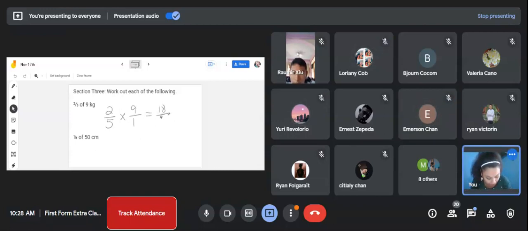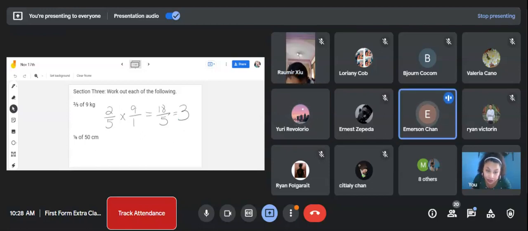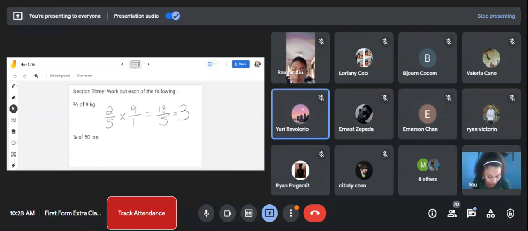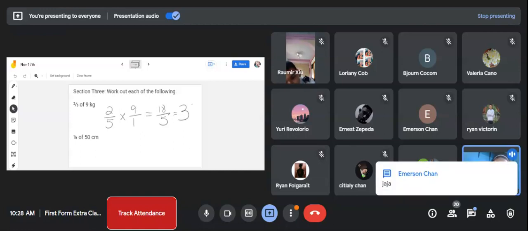And if you change that to a mixed number? 3 and 3 over 5. You guys are saying it wrong. You don't say 3 over 3 over 5. It's 3 and 3 over 5, or 3 and 3/5.